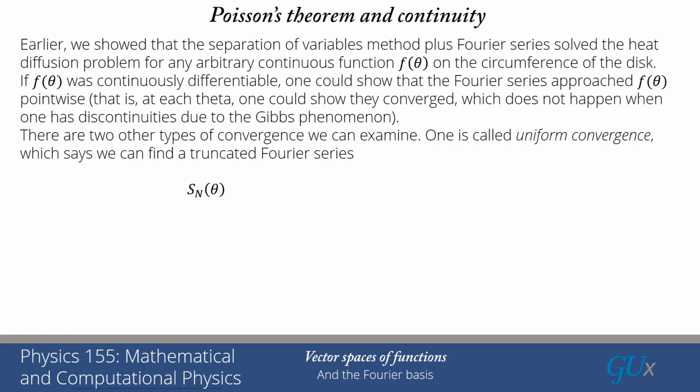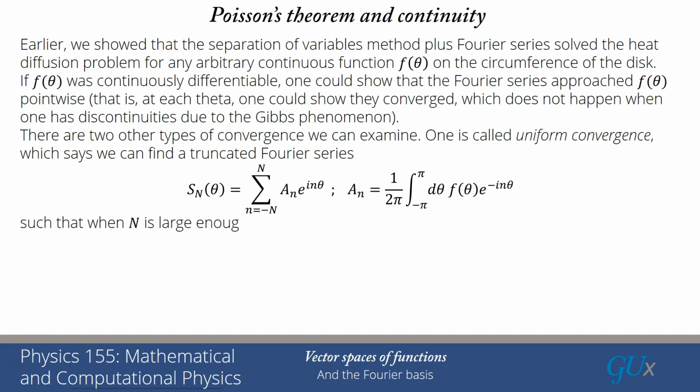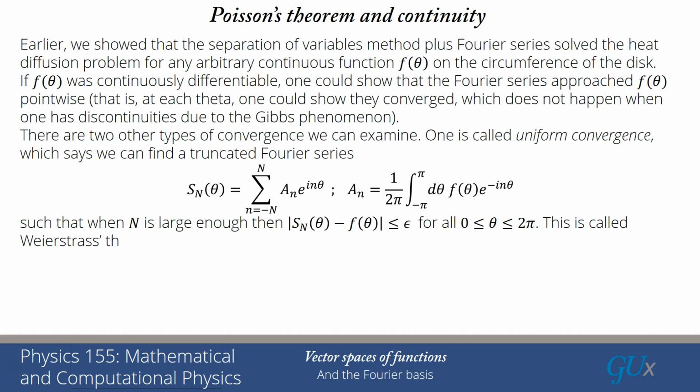We're going to work with a truncated Fourier series. We're going to call that Sn of theta, and it's just the sum from n equals minus big N to big N of an e to the i n theta, with an defined exactly the way it was before: 1 over 2 pi, integral from minus pi to pi d theta, f of theta e to the minus i n theta.